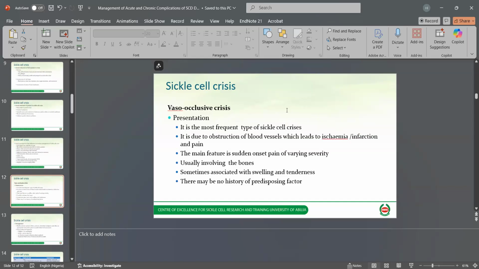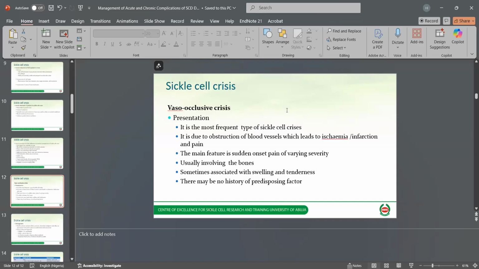So looking at vaso-occlusive crisis more closely, presentation usually we know that it is the most frequent type of sickle cell crisis. It is due to obstruction of blood vessels, which leads to ischemia, infarction, and pain. Yesterday, we saw several ways in which the blood vessels can be obstructed when we were looking at the pathophysiology.